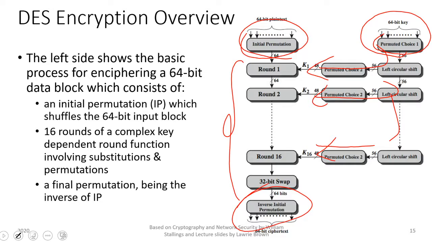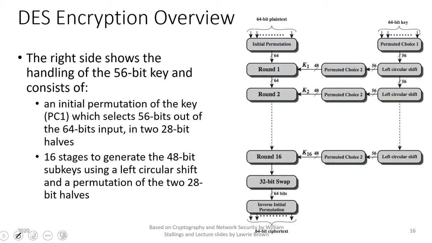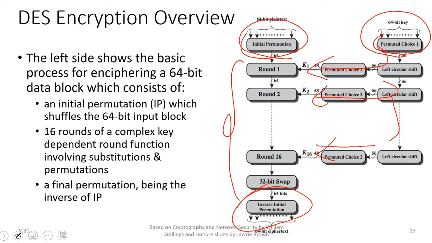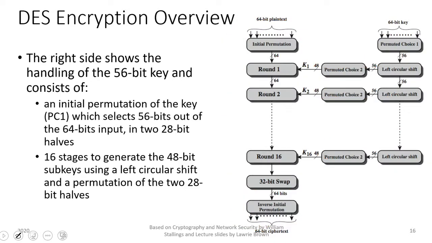That is one of the main things we do in DES. The first part is about the permutation and the data processing. The second part is about the key processing, or key selection.